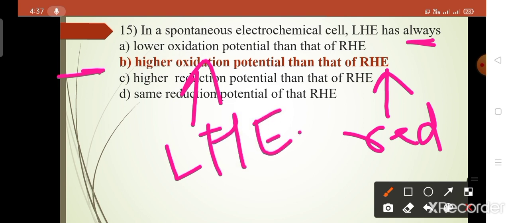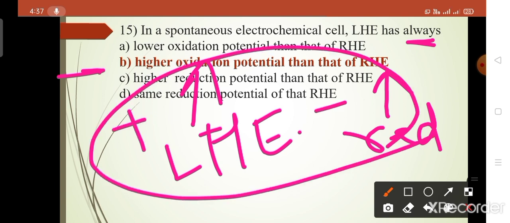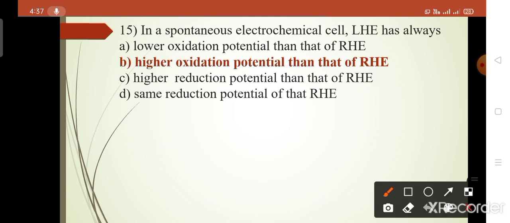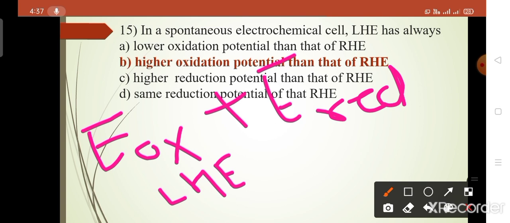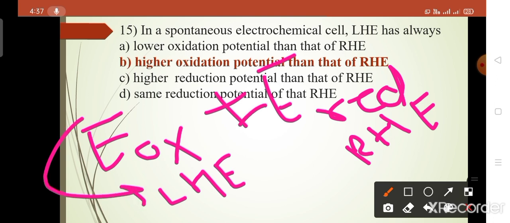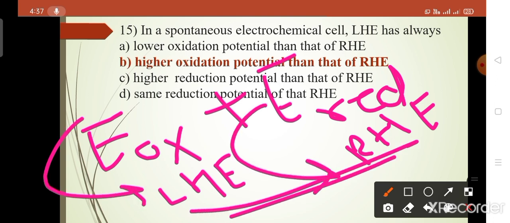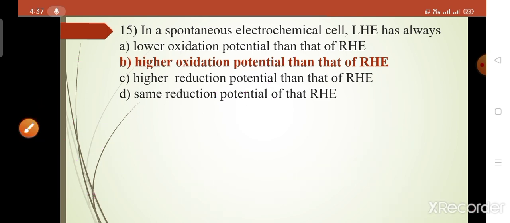So according to the plus left, minus right rule, this option is correct, because this rule is E oxidation plus E reduction. Here E oxidation means E at the left hand side, and E reduction means E at the RHE side. This is known as the plus left minus right rule, and according to this rule, option B is the correct option. Thank you.